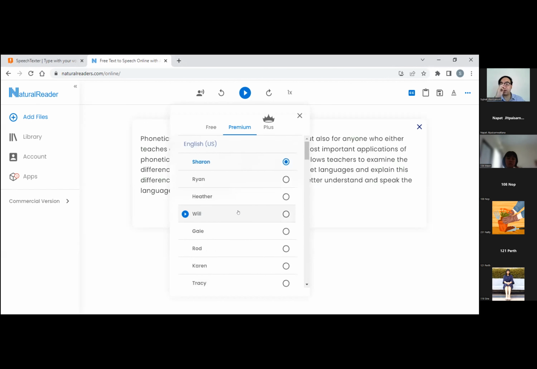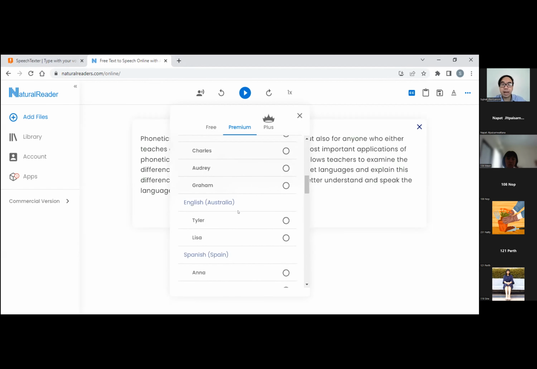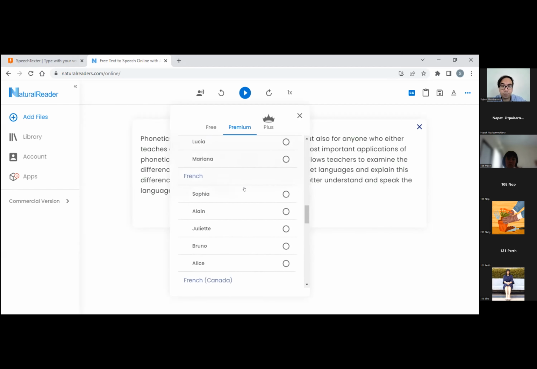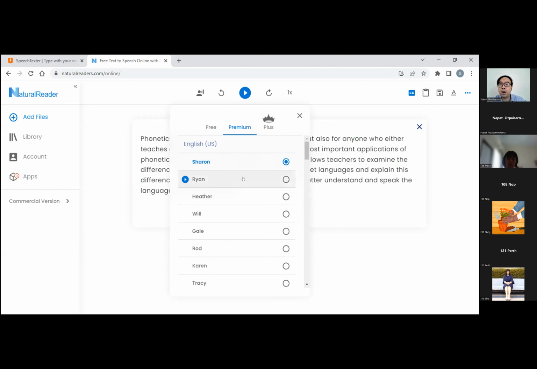So you have the main varieties of English, US and UK, and some sounds produced by non-native speakers, like Spanish and French speakers. When you change the speaker, it will lead to different sounds produced by that particular speaker. So let's try Wheel.